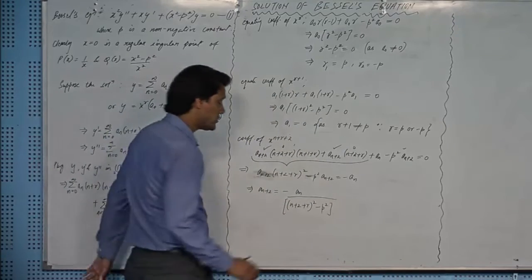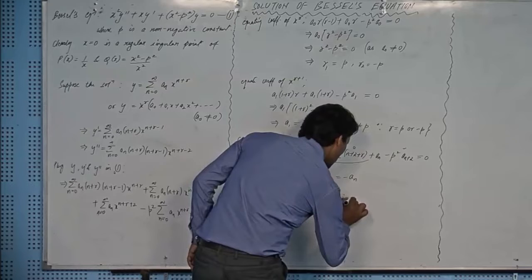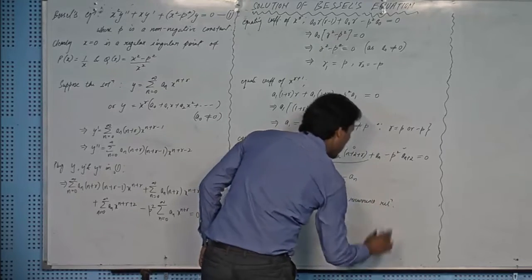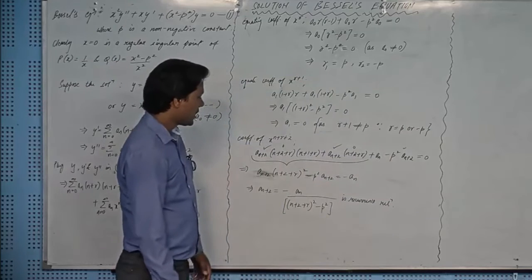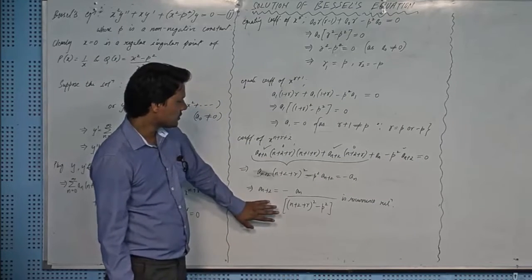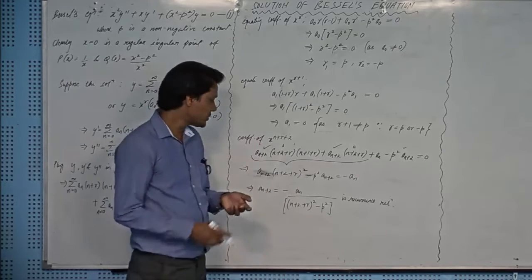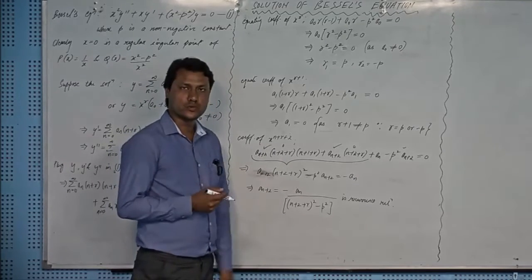This is the recurrence relation. Using this relation, I will try to obtain the values of the next coefficients a2, a3, a4 and so on.